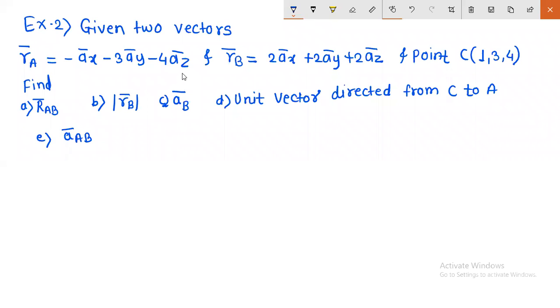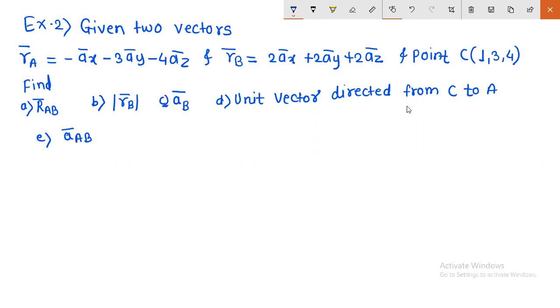Small a bar B. B means vector B bar is ours, that is small r bar B, in direction of B. So this vector small r bar B divided by its magnitude, which you already found in the second question. Then you will get a bar B.